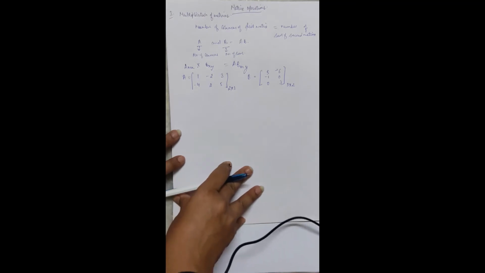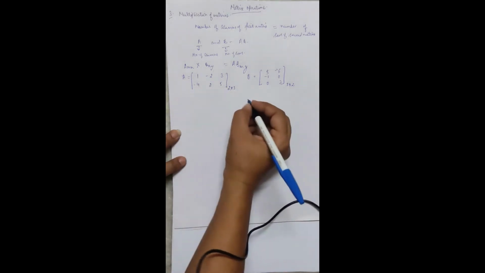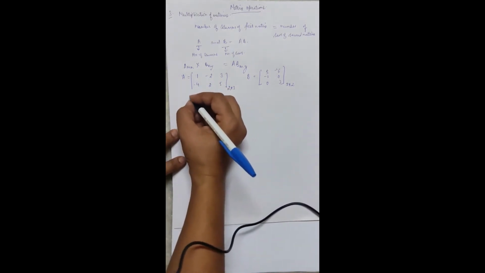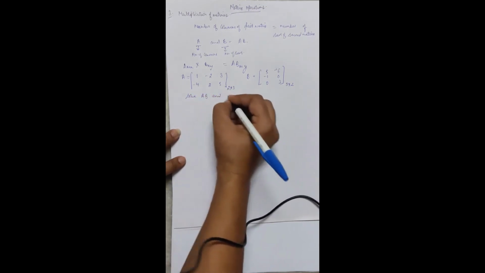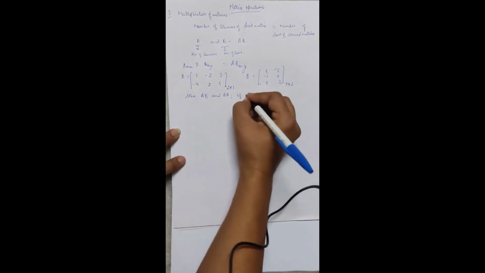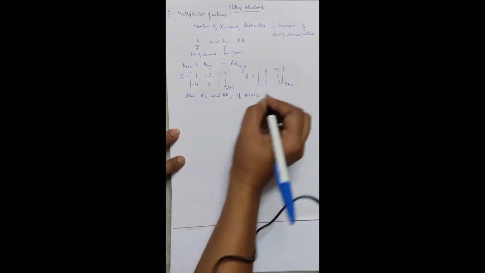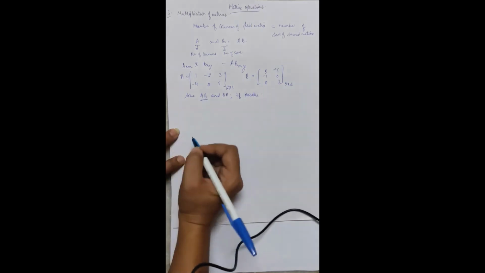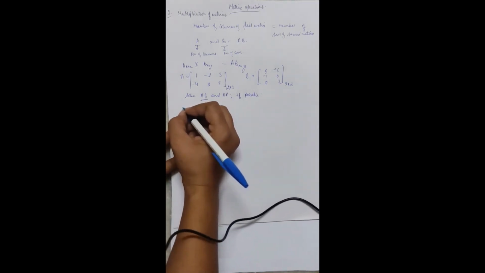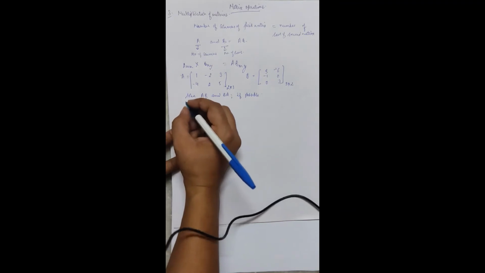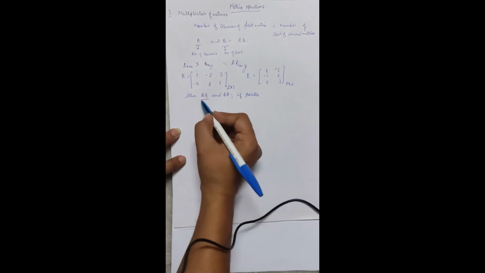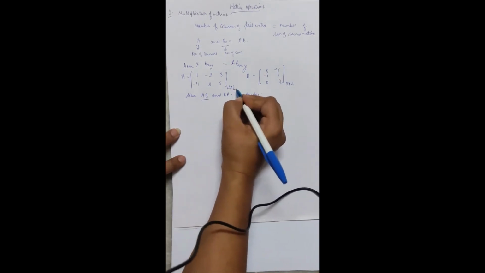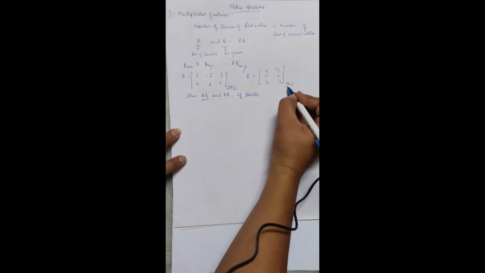First of all, I have to see whether it is possible to multiply AB or BA. Suppose the question says solve AB and BA if possible. First I will go for AB. In order to calculate AB, I have to see whether the number of columns of A equals the number of rows in B. Number of columns of A is 3 and number of rows in B is 3.